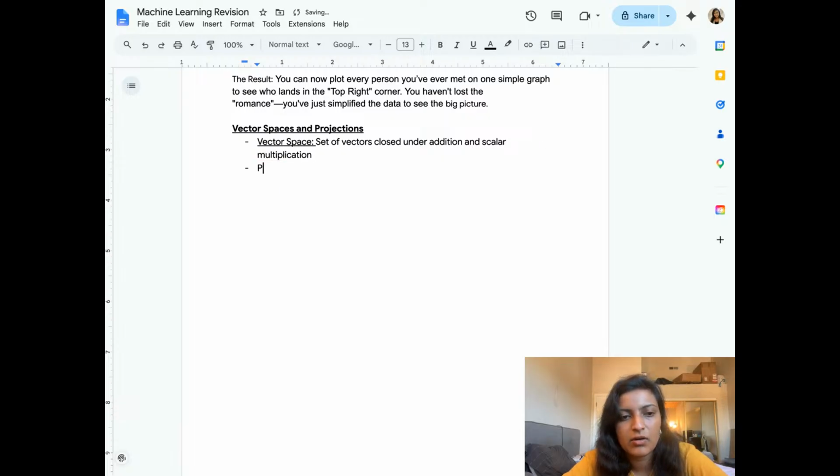We have something called projection of V into U. In machine learning, projecting data onto principal components is something like this.